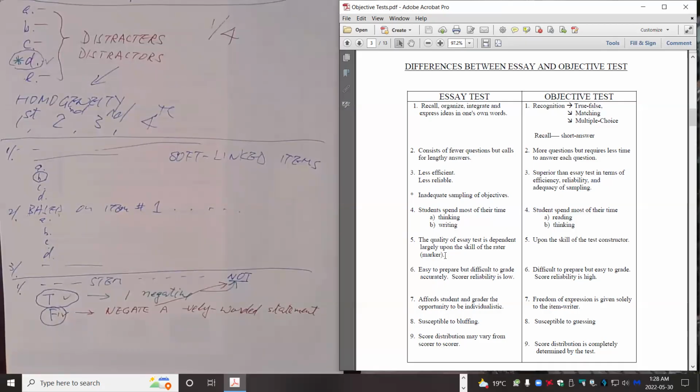Anyway, for an objective test, the quality of the test rests upon the skill of the item writer.